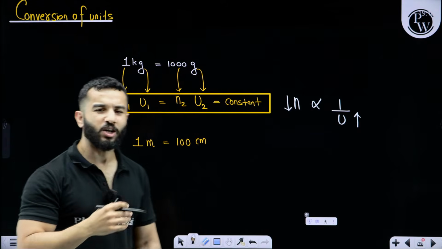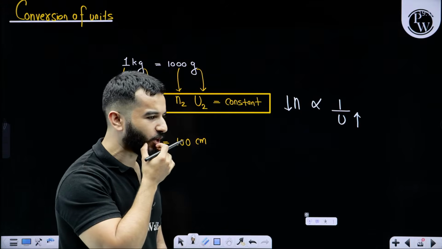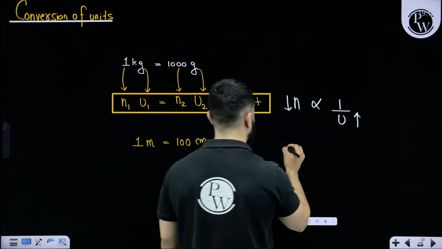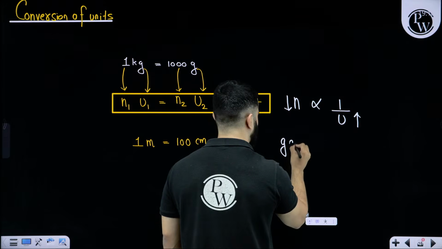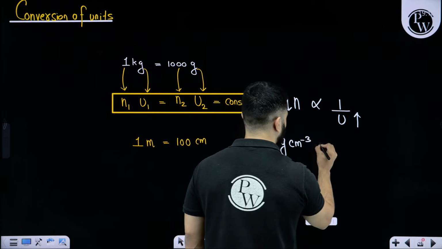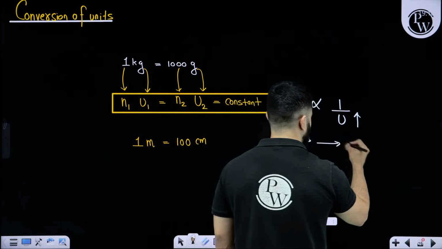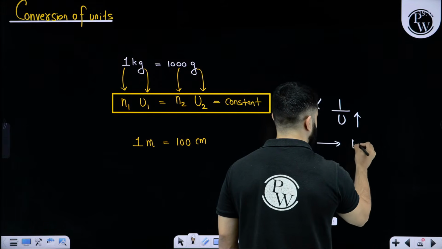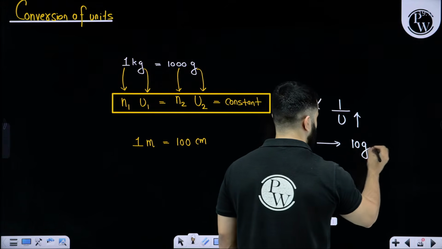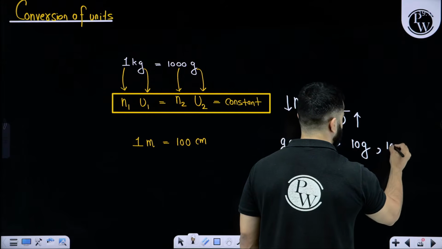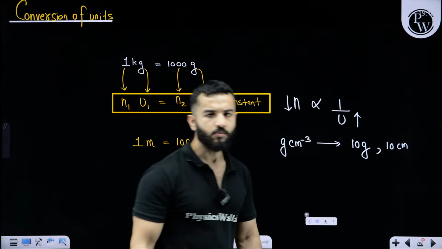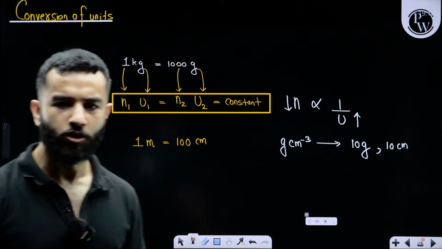You are going to find various such questions in which they are going to say that we are changing the unit of density from gram per centimeter cube to a new unit, where instead of gram we are going to select 10 gram as the unit, and instead of centimeter we are going to select 10 centimeter as the unit. Got it? You're going to see lots of problems like this.